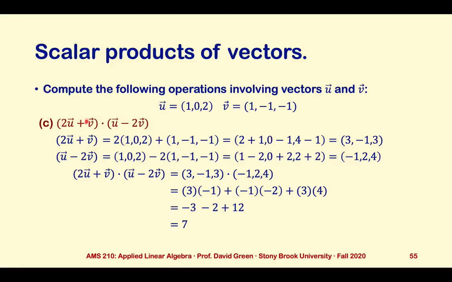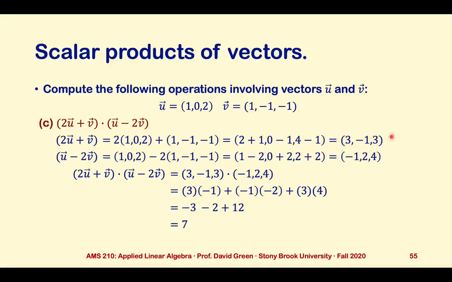So the first thing that we do is we evaluate this expression inside the parentheses and this expression inside parentheses. 2u plus v, scalar multiple of 2 times u, plus v. 2 times 1, 0, 2 is 2, 0, 4, and then adding to that 1, negative 1, negative 1 gives us 2 plus 1 is 3, 0 minus 1 is negative 1, 4 minus 1 is 3.